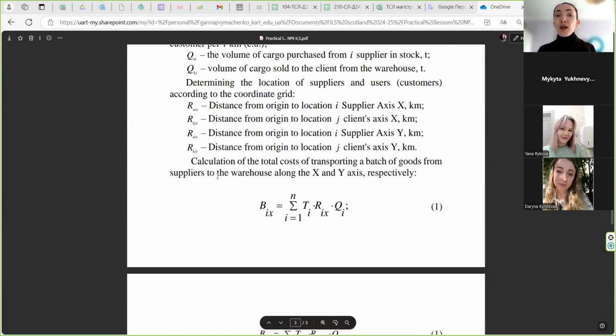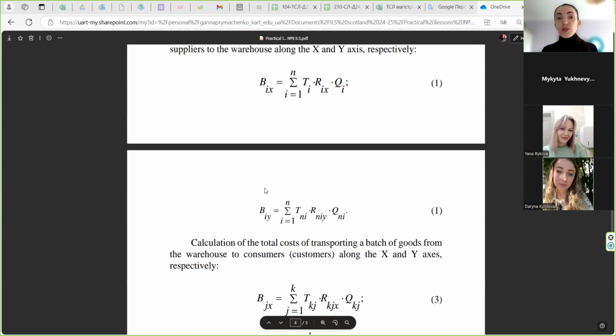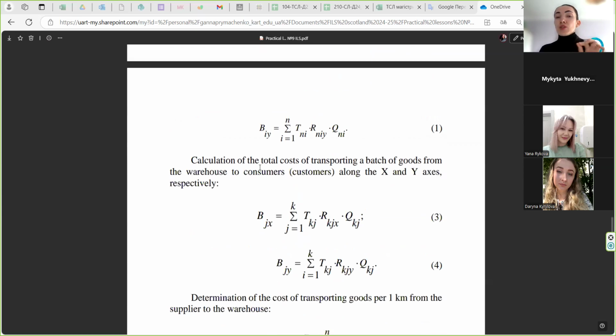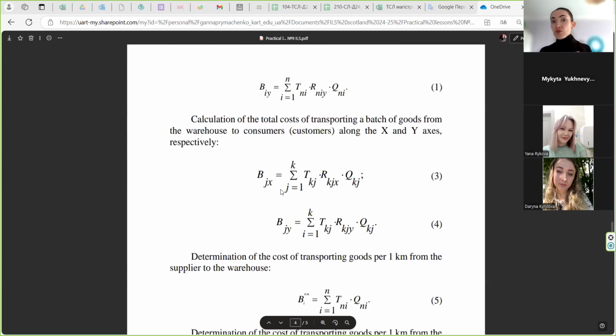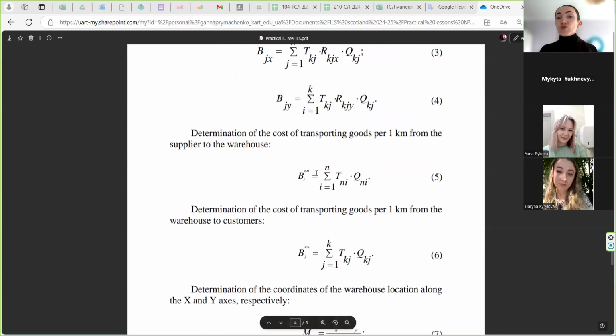Goods from suppliers to warehouse costs. The next step, we need to calculate the total cost of transportation from warehouse to customers, also by our located X and Y. And after it, we can calculate the determination of the cost of transportation of goods per 1 kilometer from suppliers to warehouse and from warehouse to customers.